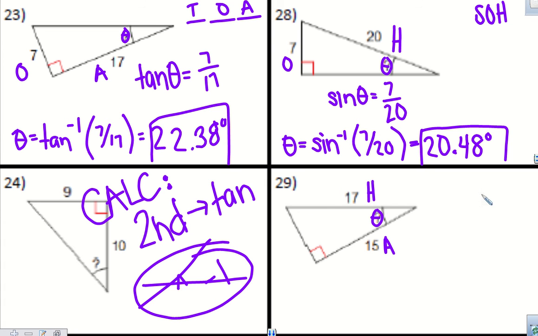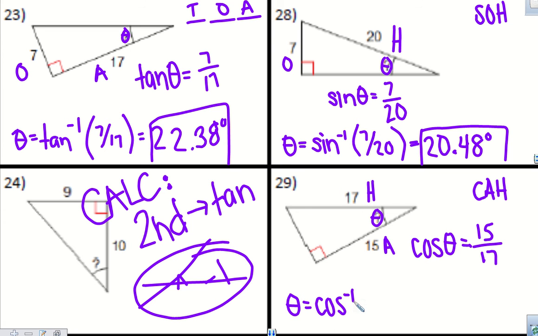So based on A and H, that means I have to use CAH. CAH tells me I'm going to use my cosine function. So the cosine of theta equals 15 over 17. And then to figure out theta, you do theta equals the inverse of cosine of 15 over 17.